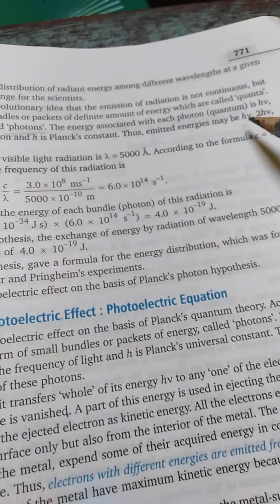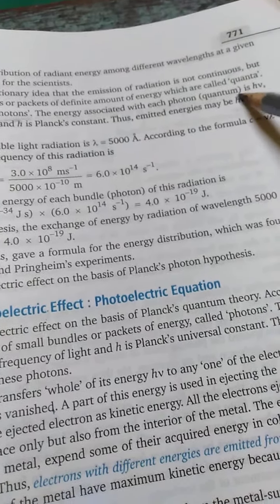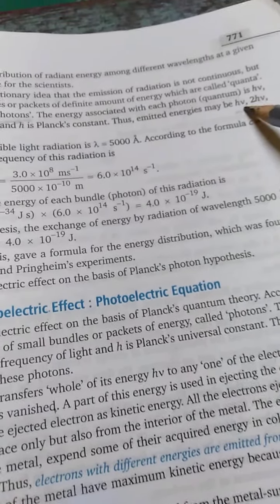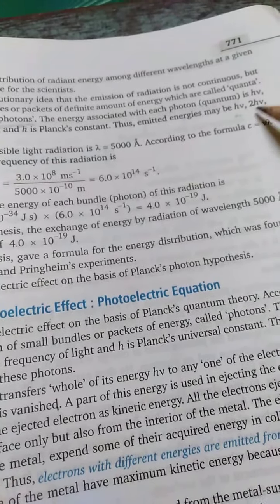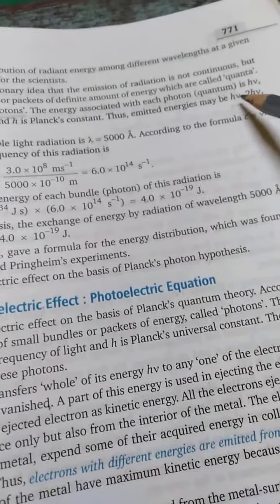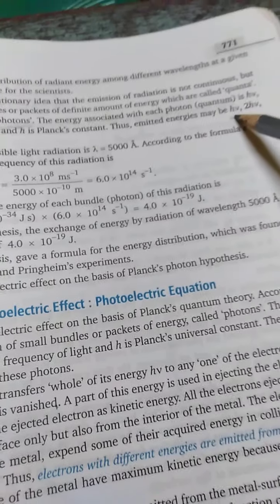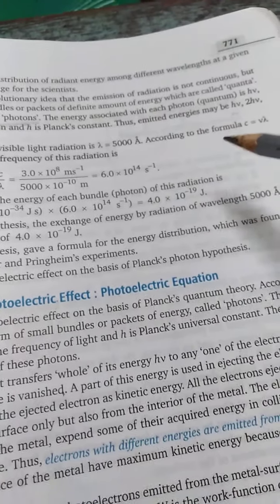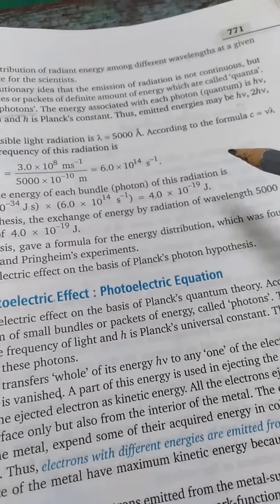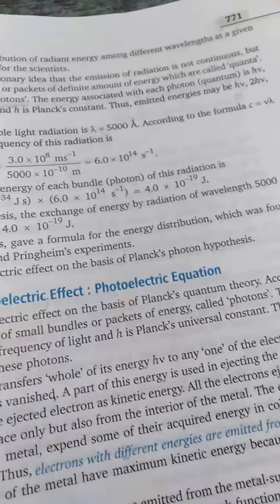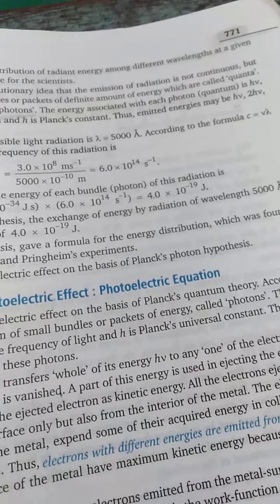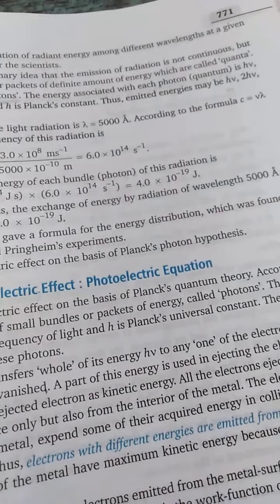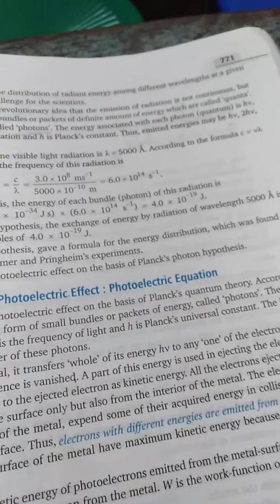And if the energy of a photon is more than this, then it should be an integral multiple of h nu. Suppose we can have the energy as h nu, 2h nu, 3h nu, but we cannot have any photon whose energy is 1.5 h nu or 7.5 h nu or 13.5 h nu. No, this is not possible.